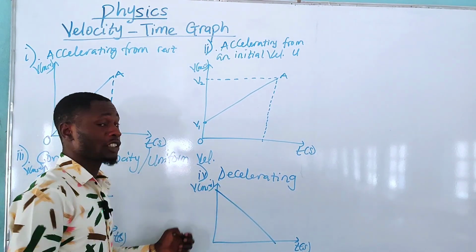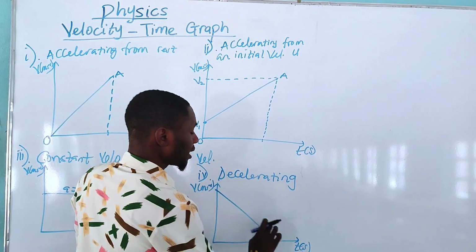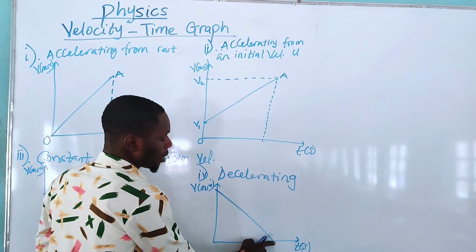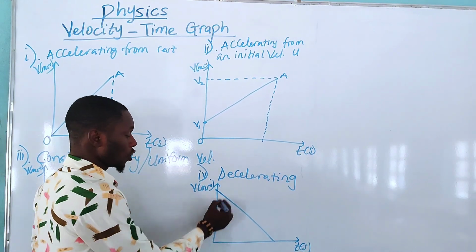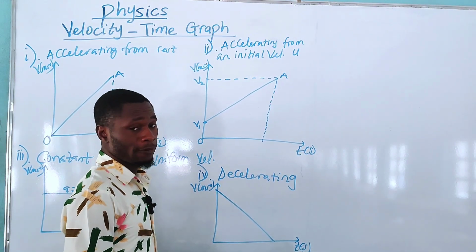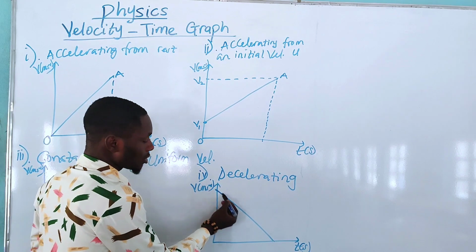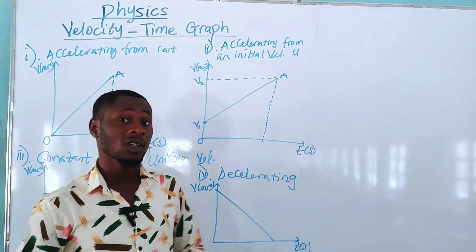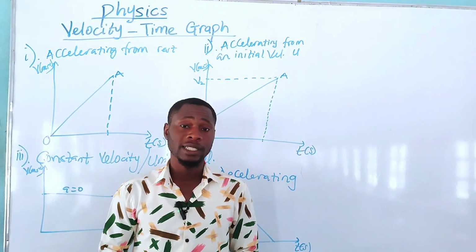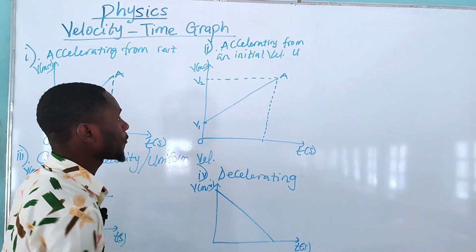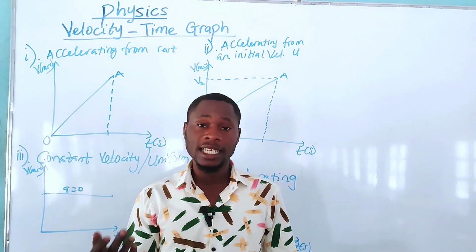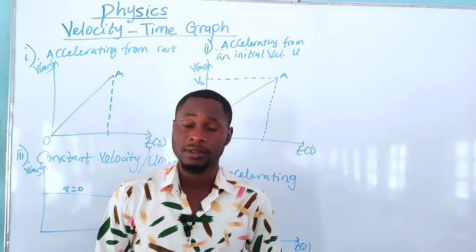That means that the velocity of the body is gradually reducing, and finally becomes zero. And the gradient of this line represents the deceleration or the retardation of the body. Okay, so these are the four graph formats we will be looking at. So let's dive into the examples.